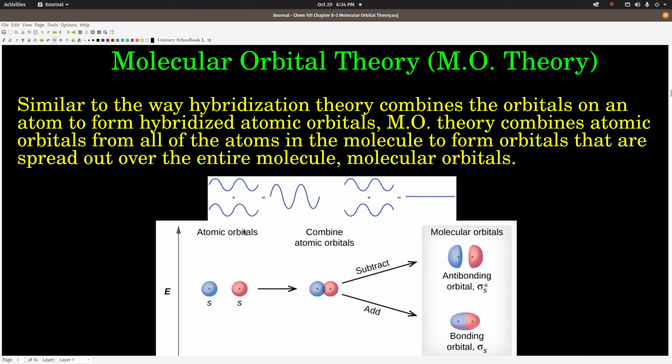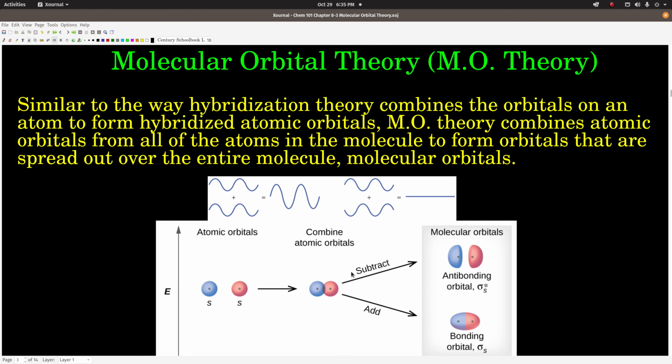And if you remember, waves combine either constructively or destructively. So if two waves combine constructively, their peaks and their troughs line up, and the resulting wave has higher peaks and higher troughs, a larger amplitude. But if two waves combine destructively, where the peaks and the troughs are opposite, they cancel out and you get zero, nothing.